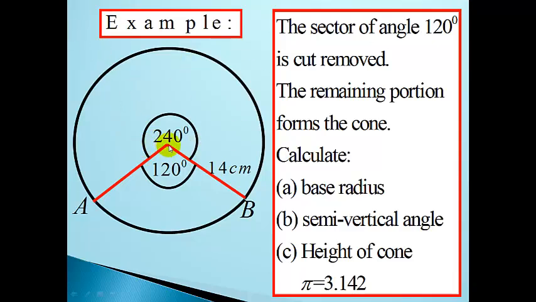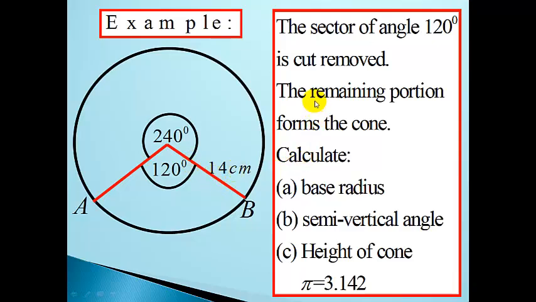That is one complete revolution. So if 120 degrees is to be cut out, it means that the remaining angle at the center will be 240 degrees. Now we are given the radius of the circle to be 14 centimeters, as can be seen on the diagram.